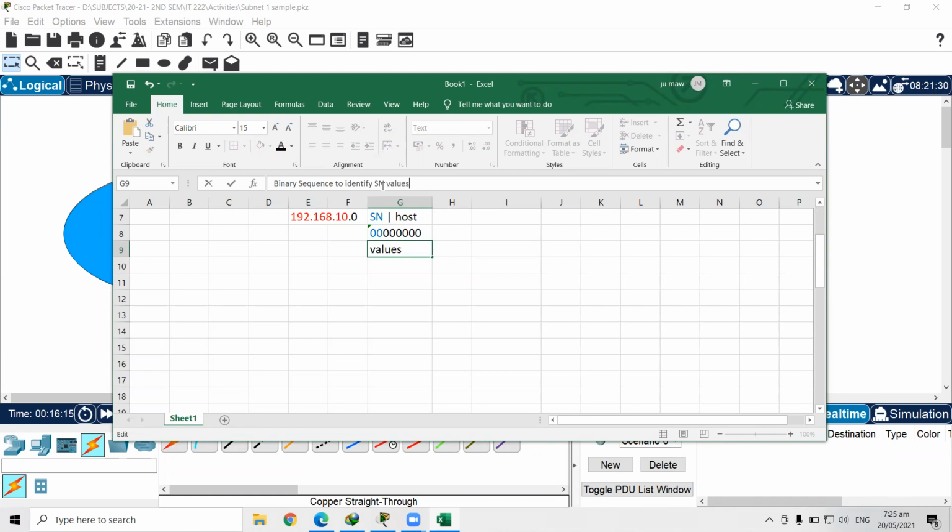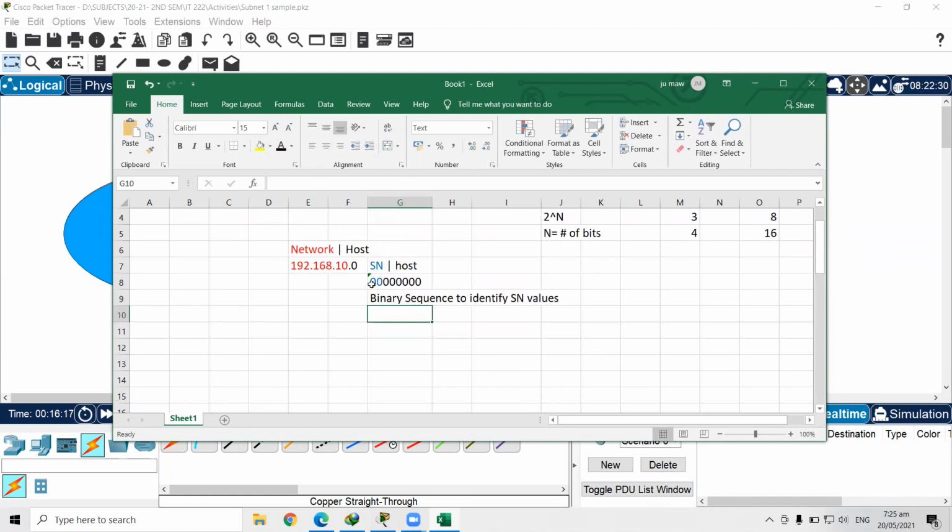So dalawa yan siya. Ang una is 0, next is 1, next is 1, 0, next is 1, 1. So ito ngayon yung subnet natin: subnet number 1, number 2, number 3, number 4. So we have 4 subnets.